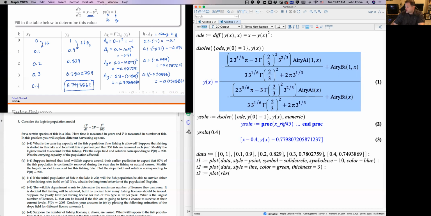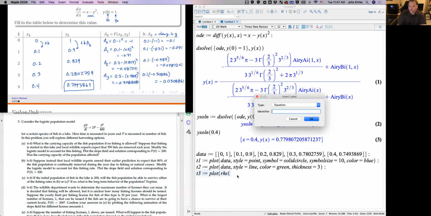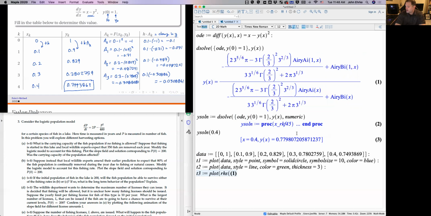So these labels aren't just for show, they're ways to reference things in the Maple document. So I can say the right-hand side of label 1. Well, the way you do labels is by hitting Command L or Control L. Command L or Control L for label. And the identifier is the label number. So I want to take equation 1, so type of label is equation 1, and I want to use its right-hand side right here.